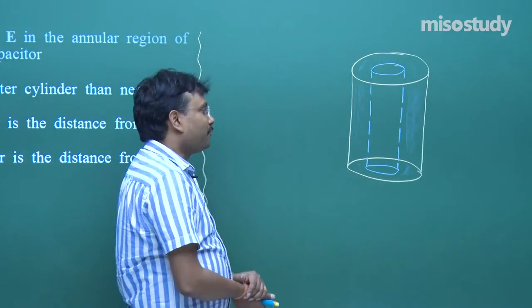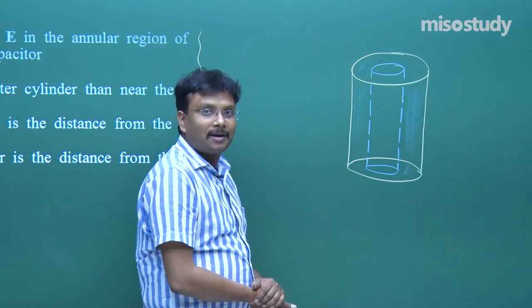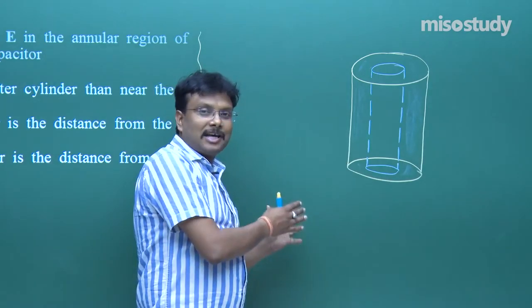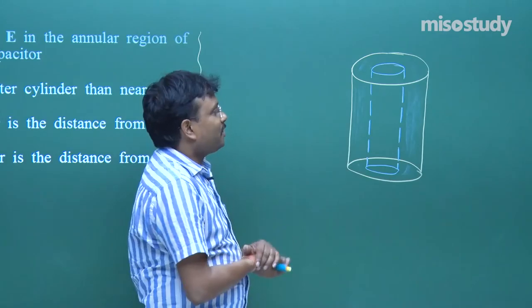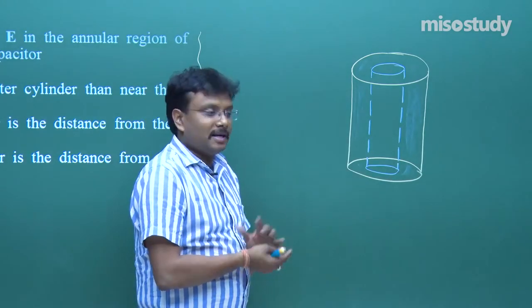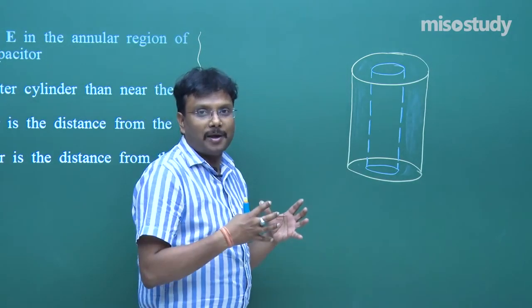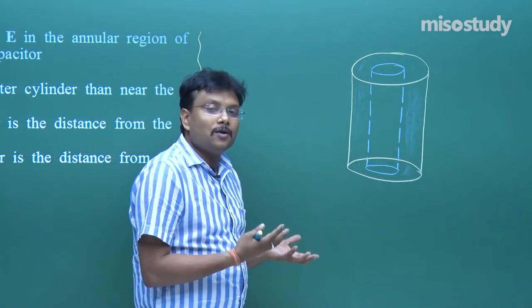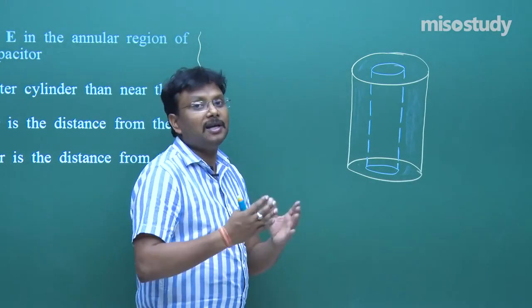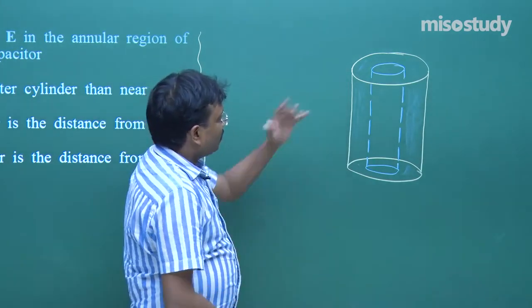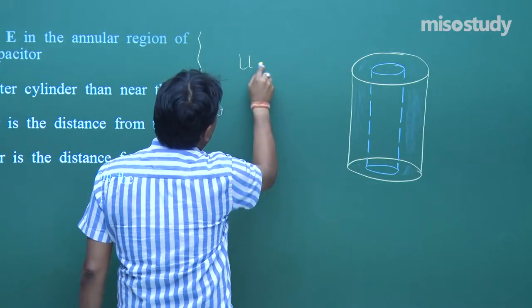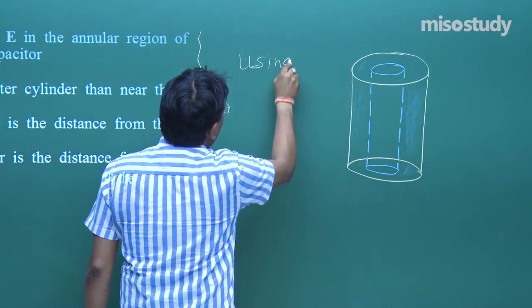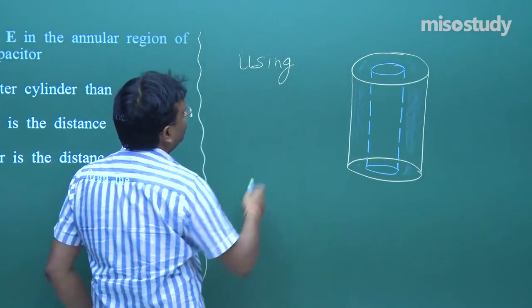Now see the beauty of the concepts over here. You are studying a topic in this chapter and you are using that topic for various chapters. So in physics the most beautiful part is the correlation of various topics. Study one topic and you will find yourself in a comfortable position in another topic. So now from here, using Gauss's law, I will mention it just so that you can feel from where you are getting it.